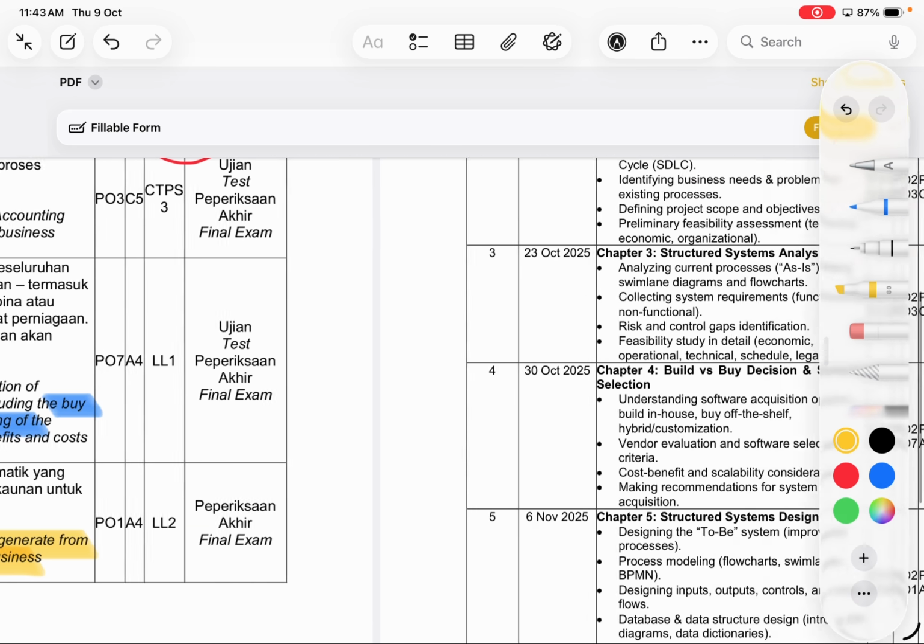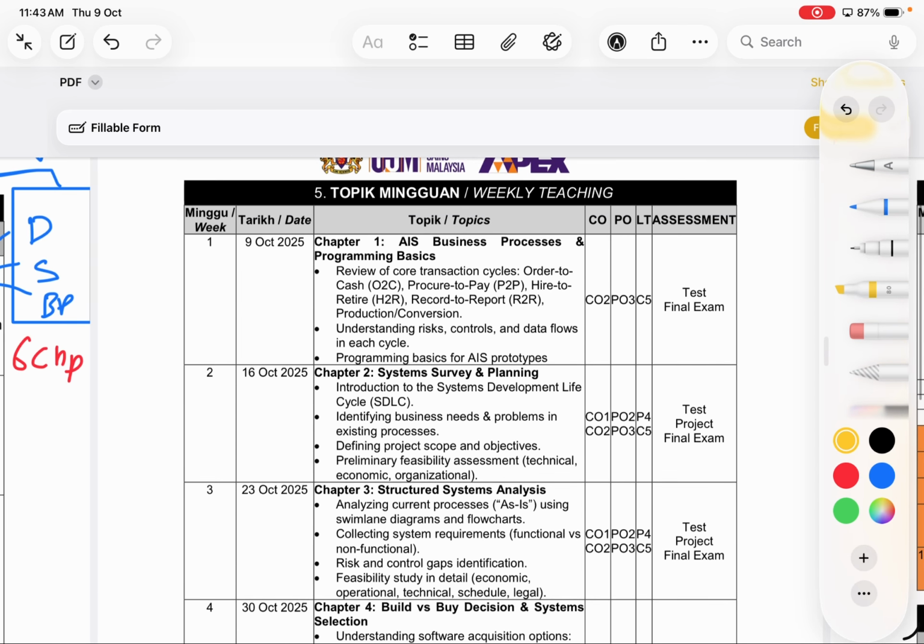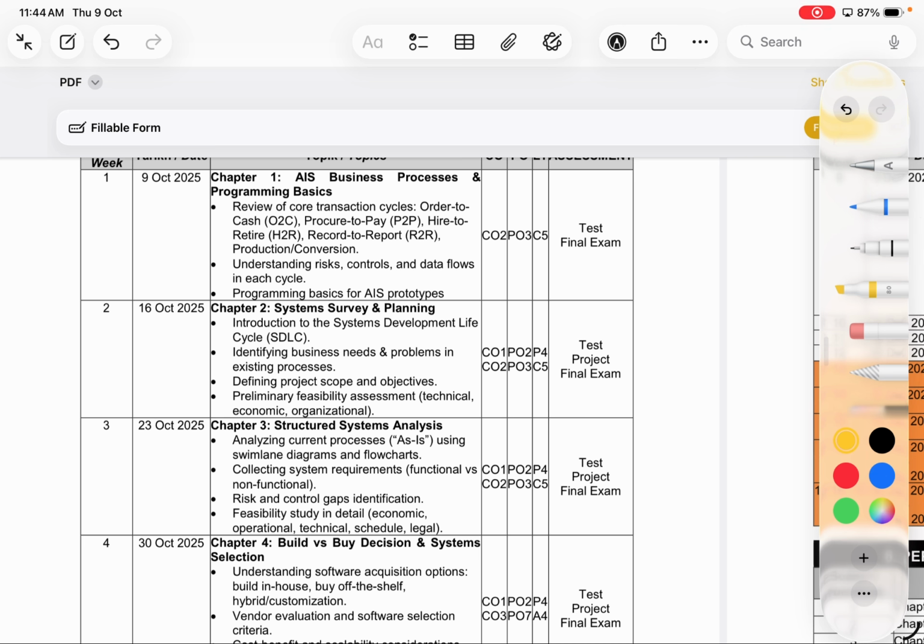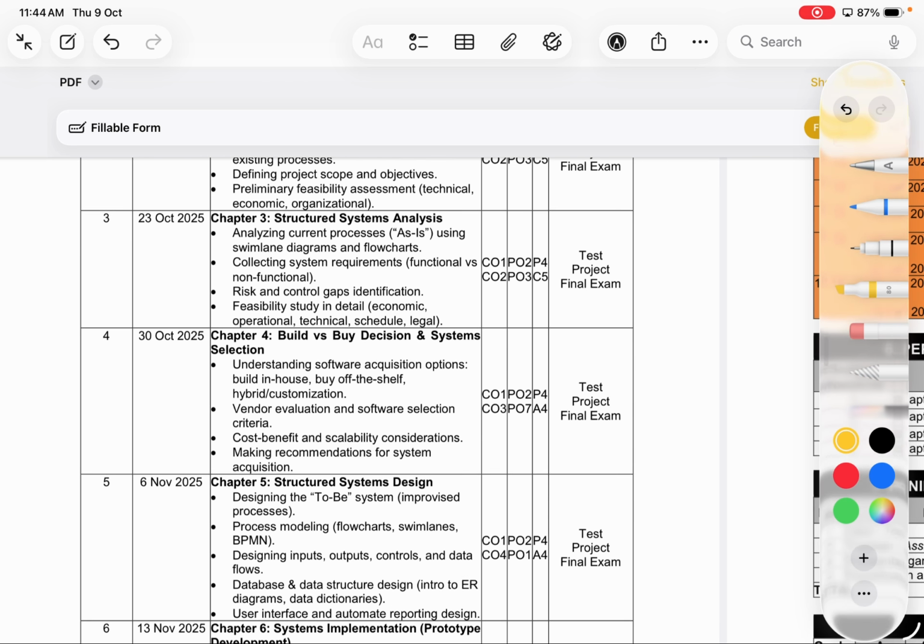And over here is the weekly assessment. Today we will look at the review, from chapter 2 to 6.